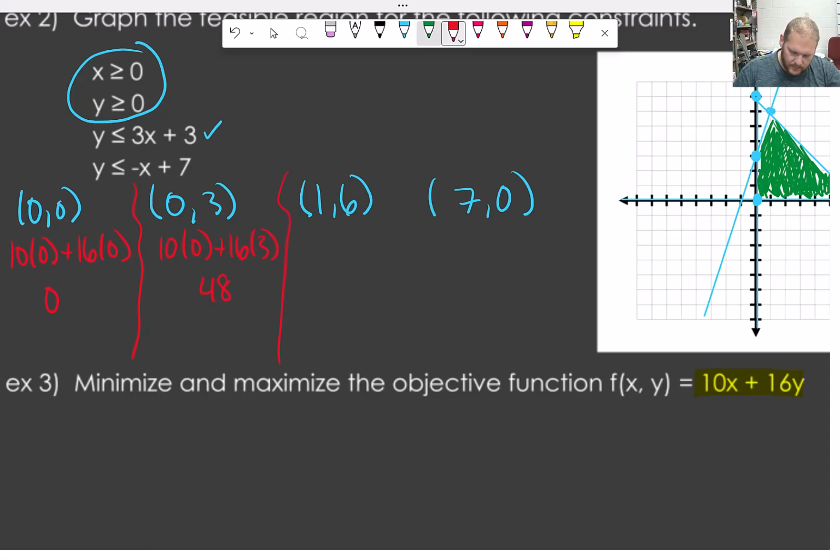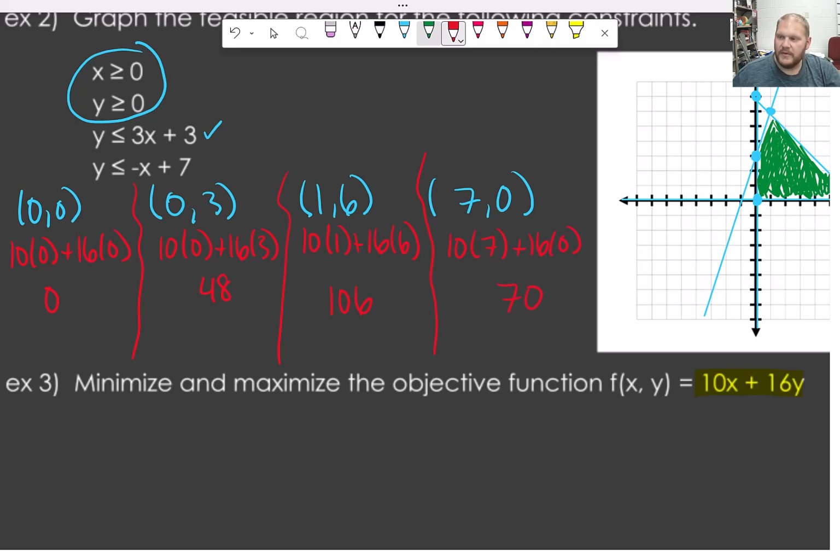10 times 1 plus 16 times 6. I'll clean that up a little bit. That gives me 106. And then 10 times 7 plus 16 times 0 gives me 70.